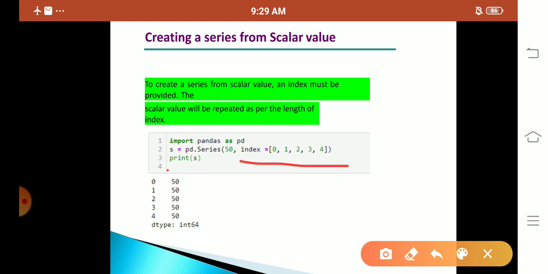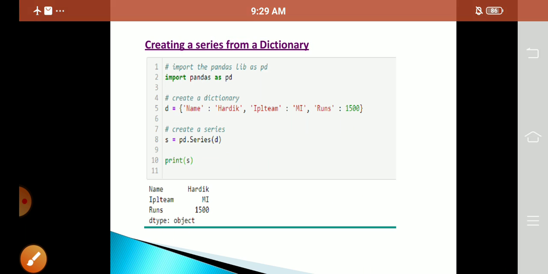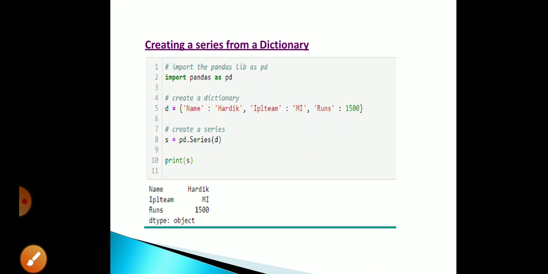Then I'll print s, because in my s variable my series has been stored. The output will be 0, 1, 2, 3, 4, and in all of them you will find the value 50, because 50 is your scalar value.